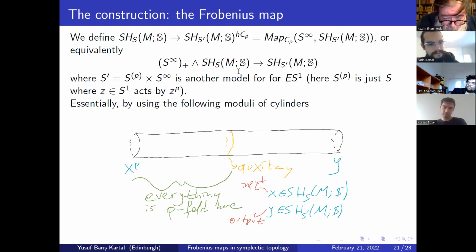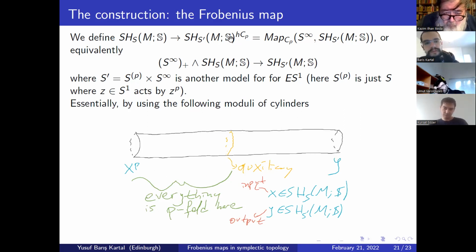Here the base S prime is another model for ES1. As I mentioned, it's just given by the base S cross S infinity, but you change the action on the first S: z acts by z to the p. So it's a p-fold action. This is a bit sloppy, and you basically use this by using the moduli of cylinders, as I draw here.